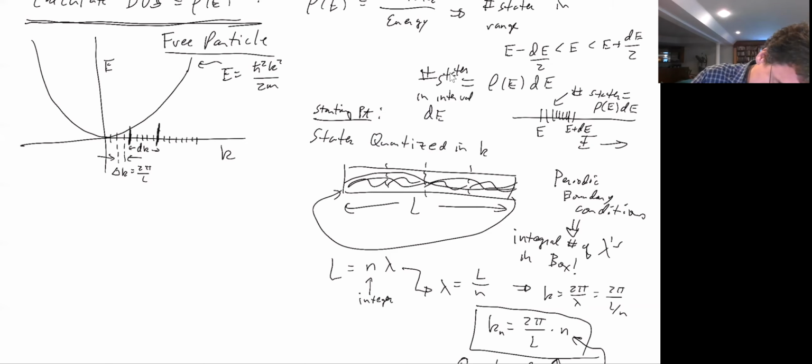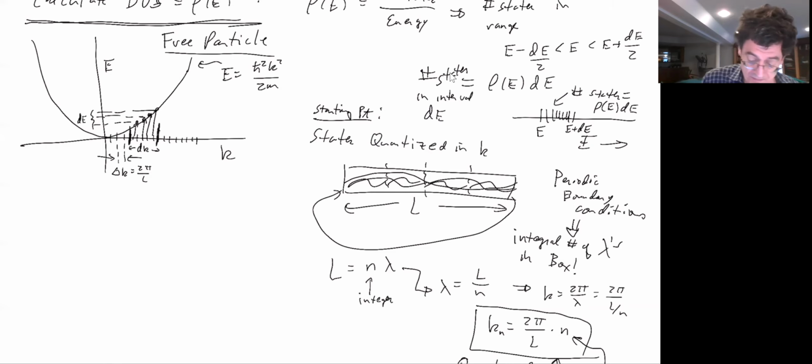Let's define some dk. Then I have a bunch of states. All these states go up. And I have all these energies. And so then that defines some energies, right? So all the states in that width dk are living in some width dE.